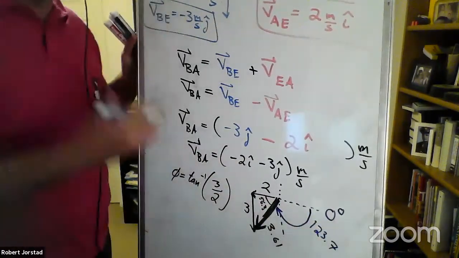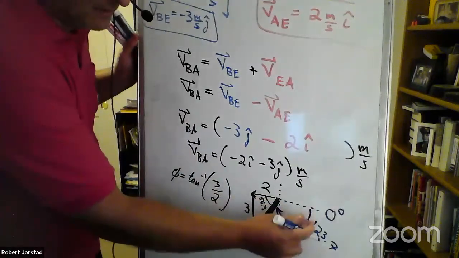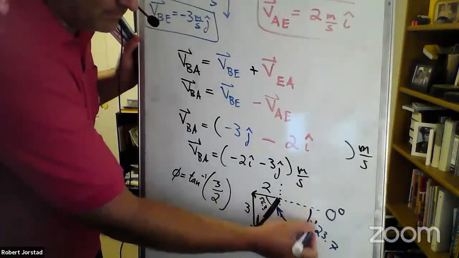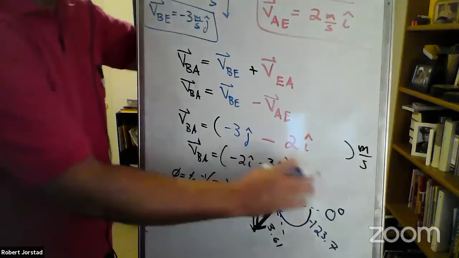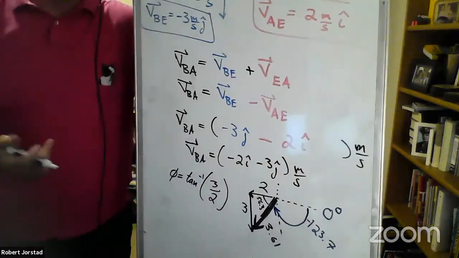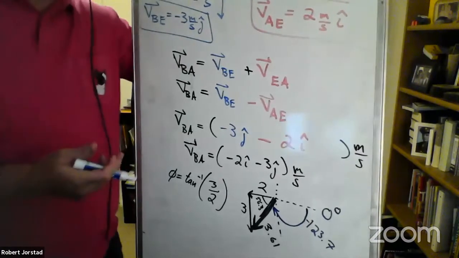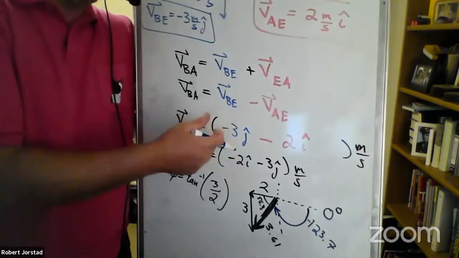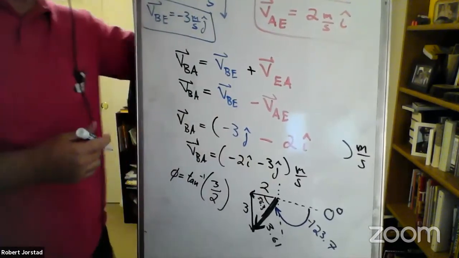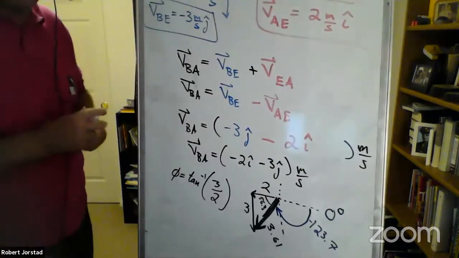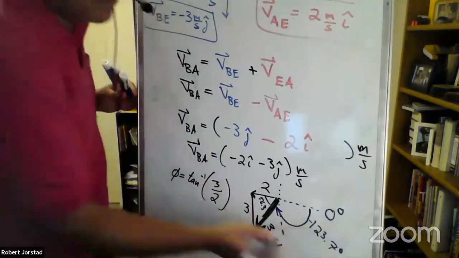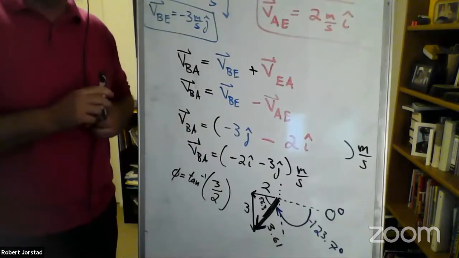And so in a Canvas quiz, you'd have to enter this as a negative number because it's below the x-axis. So I believe on all your Canvas quizzes, if I ask for an angle, I say, please enter a number between positive 180 and negative 180. Okay. So far, so good on that. Any questions on that? Go for it. No, sorry, no questions.